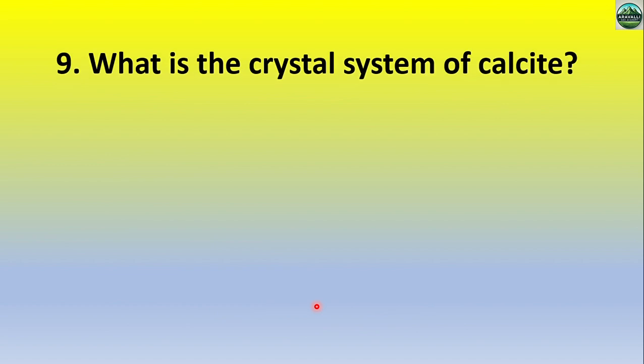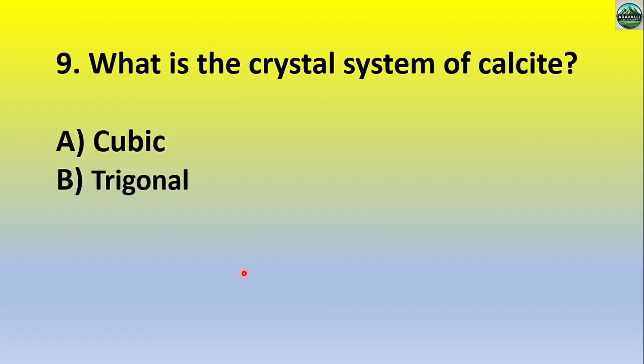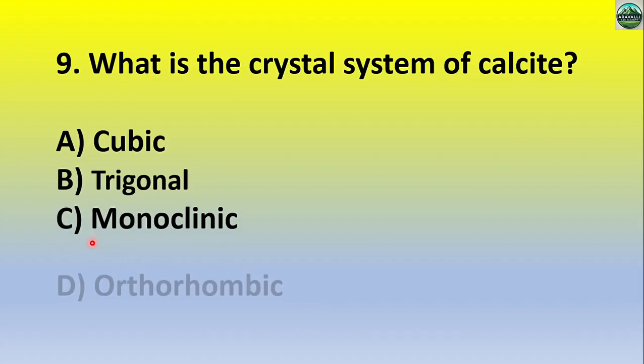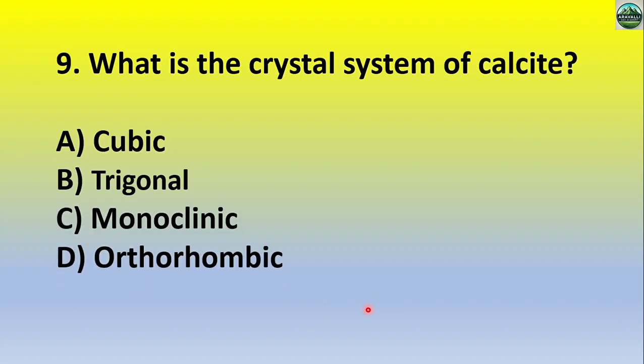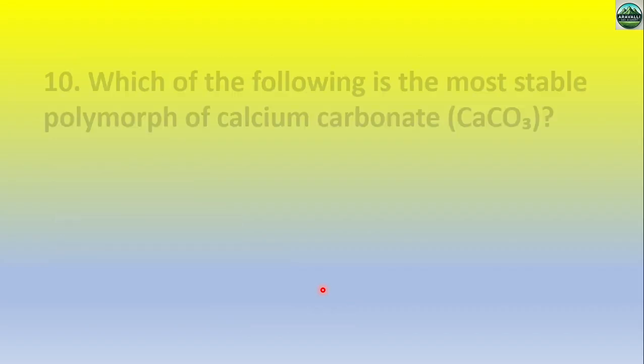Next, what is the crystal system of calcite? Cubic, trigonal, monoclinic and orthorhombic. So we know that calcite crystallizes in the trigonal crystal system, aragonite crystallizes in the orthorhombic crystal system, and vaterite crystallizes in the hexagonal crystal system.